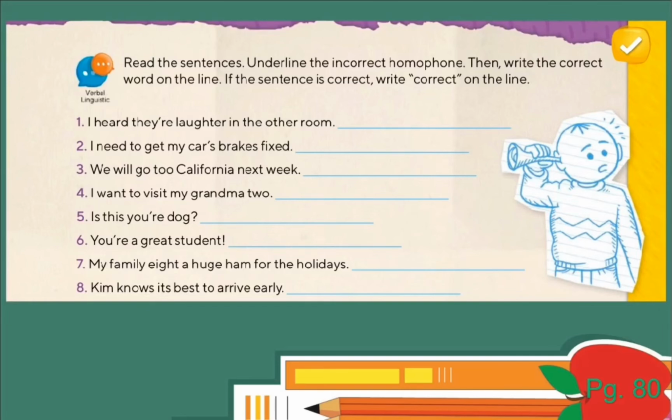If the sentence is correct, you will write correct on the line. Let's start with number 1. I heard their laughter in the other room. Do you think this one is the correct there? I don't think so, because there means they are.